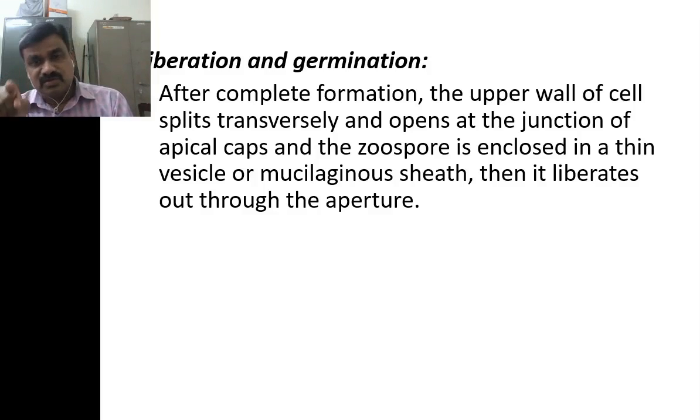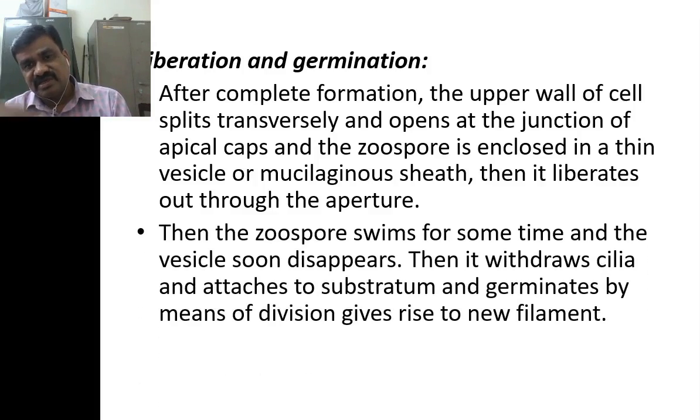Okay. So the zoospore comes outside from the zoosporangium with a vesicle or a mucilaginous sheath. The mucilaginous sheath brings the zoospore outside through that aperture formed on the transverse wall. And this mucilaginous sheath later dissolves and the zoospore is liberated in water.